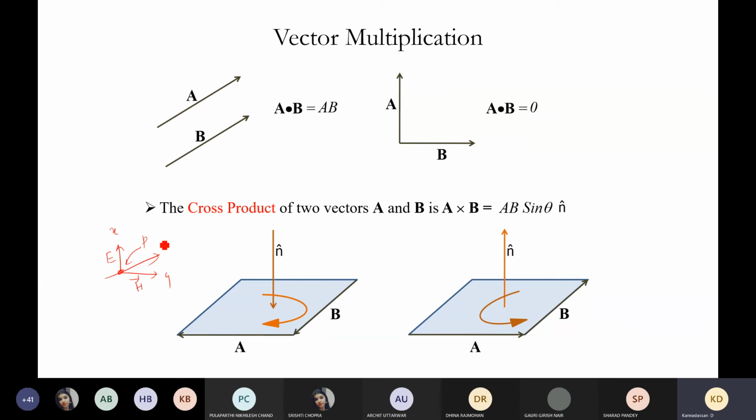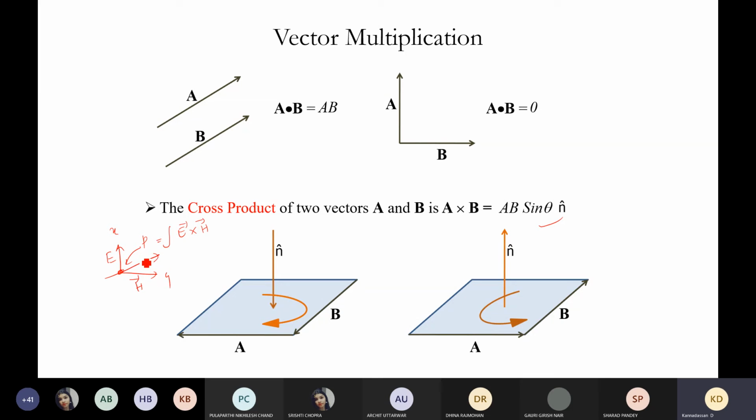The power is nothing but the integration of E cross H. Since both are perpendicular vectors, multiplying them as a dot product is completely meaningless. So when you multiply these two vectors, you do the cross product, which comes with a sine term. If two vectors are perpendicular, you get the maximum power.